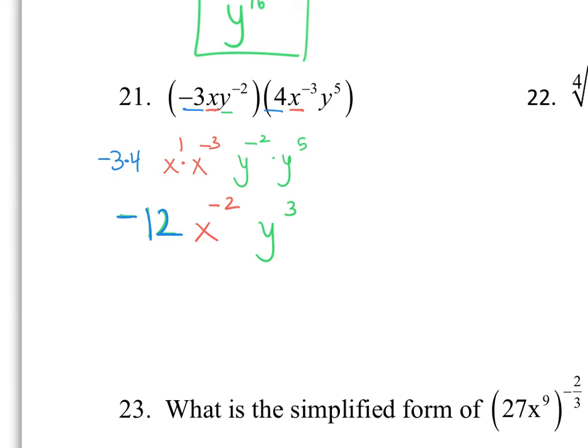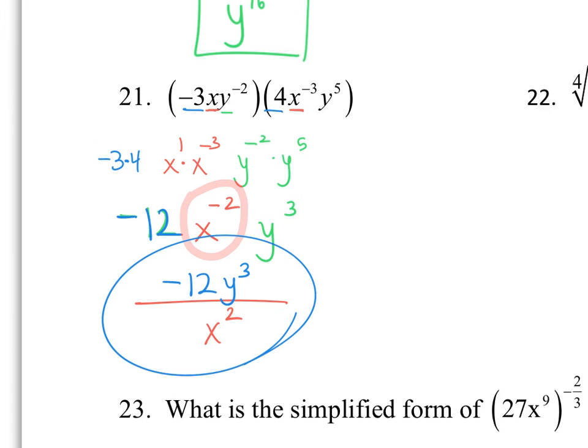The only thing that gets moved to the denominator is the terms that have a negative exponent. That is it. Do not move that negative 12. Do not move that y cubed. The x to the second is the only thing that goes to the denominator because that is the only term that has a negative exponent. Please, please, please do not move anything else. Your answer is negative 12 y cubed all over x squared.